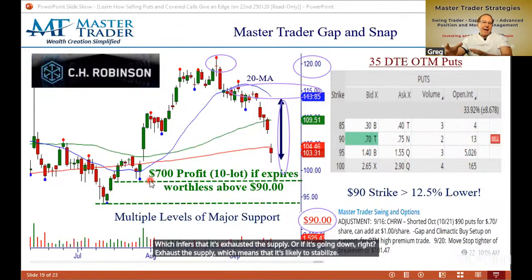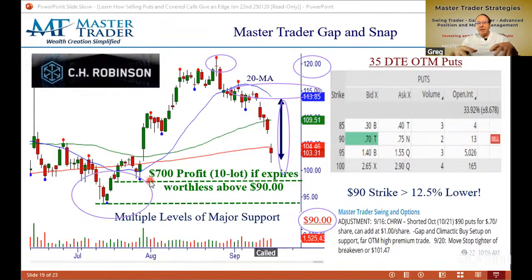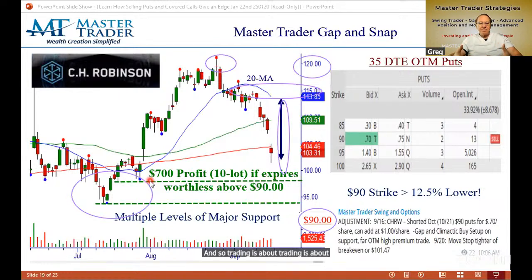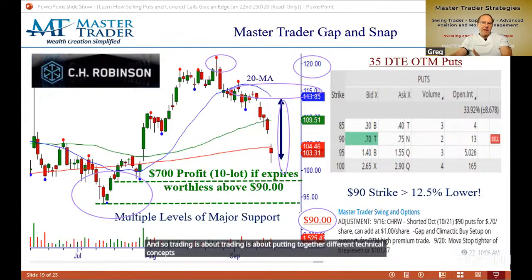Now, if I can add that concept with another area where institutions and traders bought before called support, the probability is that that particular stock is going to stabilize in that area for some amount of time, which is the unknown. And so trading is about putting together different technical concepts and creating strategies that come together at a point in time.